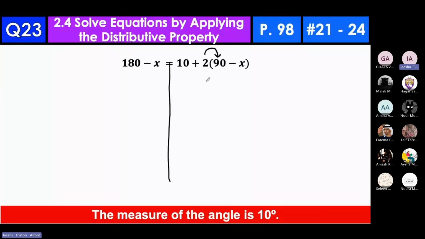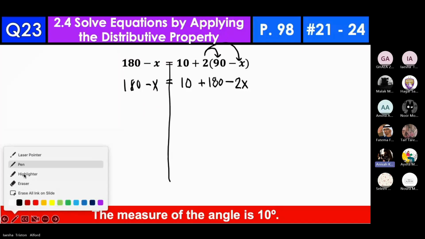Positive 2 multiplied by 90 is positive 180. Positive 2 times a negative x is negative 2x. The 10, put it down. The equal, put it down. 180 subtract x, keep it down.